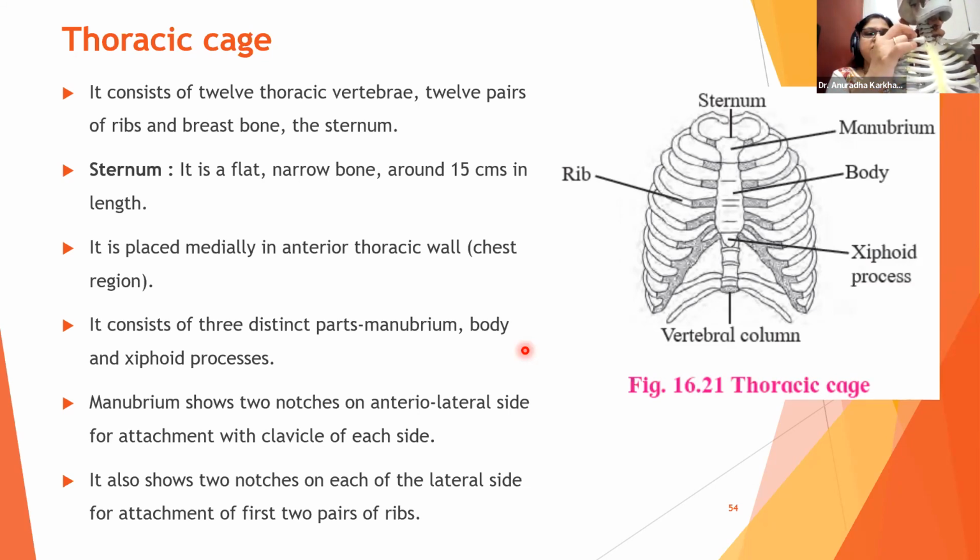So it has got two notches, one for the attachment of the clavicle, one for the attachment of the ribs. Clear? Understood? So in this diagram now, you cannot see the attachment of the clavicle. इधर से ये नीचे वाला rib है और ये ऊपर का जो एक cavity है, that is going to be for the clavicle. This is for the rib, this is for the clavicle. Of course, in my friend, you can see it very clearly.